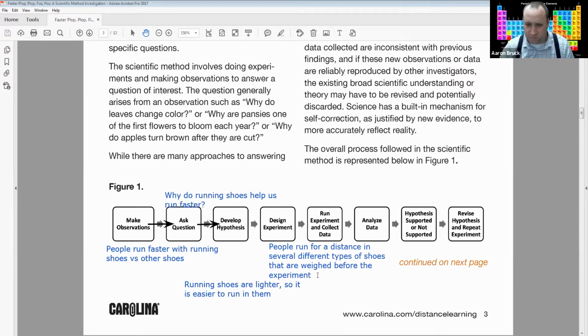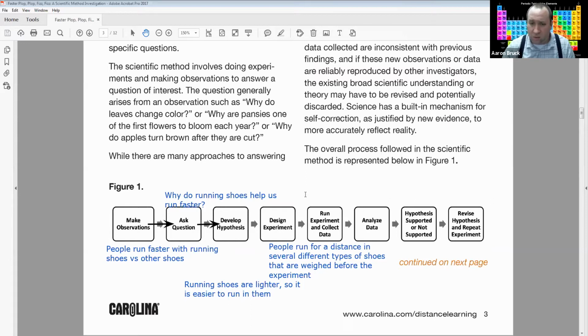So we get a bunch of different types of shoes. We design an experiment that allows the person to run in these different types of shoes, and we weigh the shoes before the experiment to determine if the person wearing the lightest shoes goes faster than the one wearing the heaviest shoes.